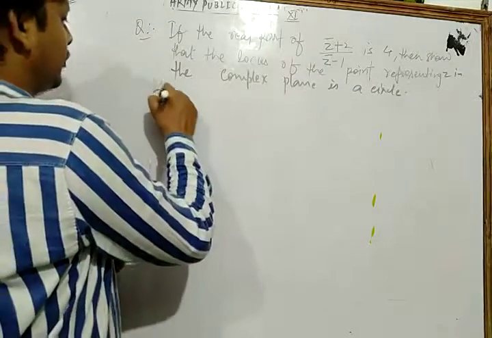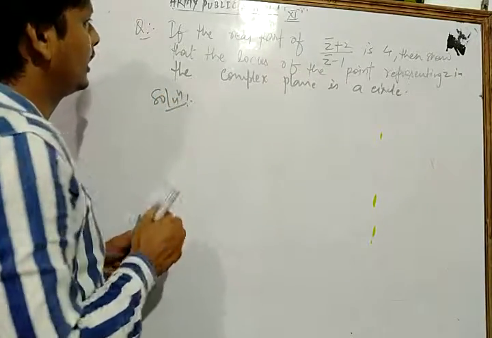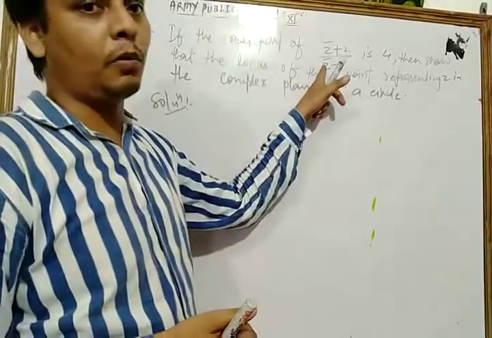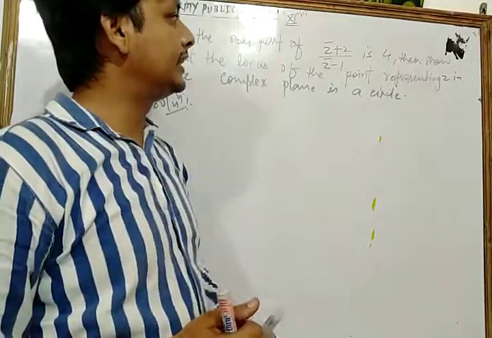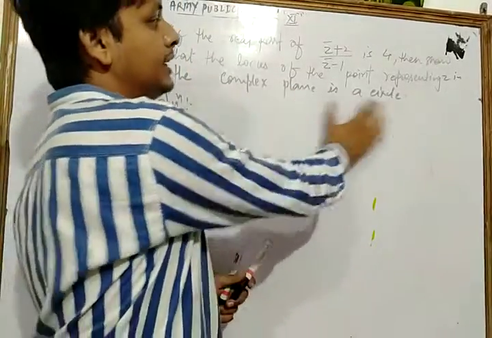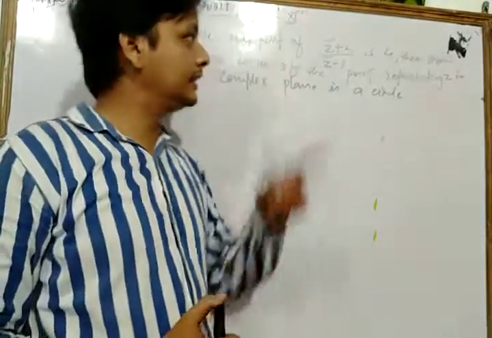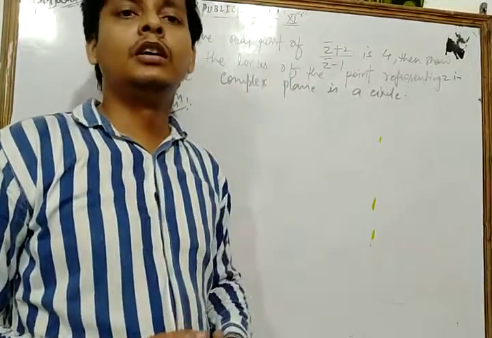First of all, the question is, if the real part of that complex number is 4, then show that the locus of the point representing z in the complex plane is a circle. Then you have to show that this represents a circle.